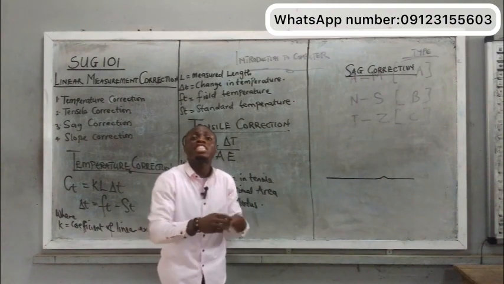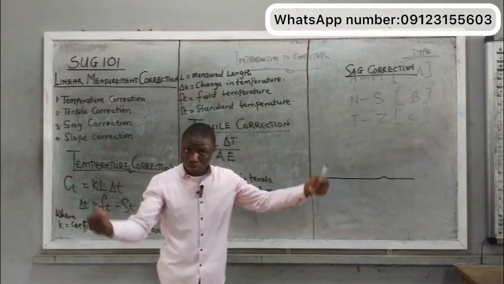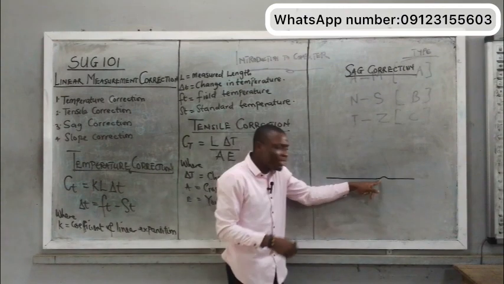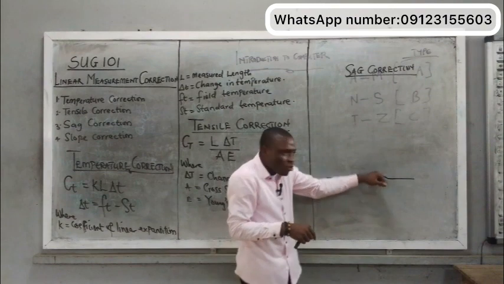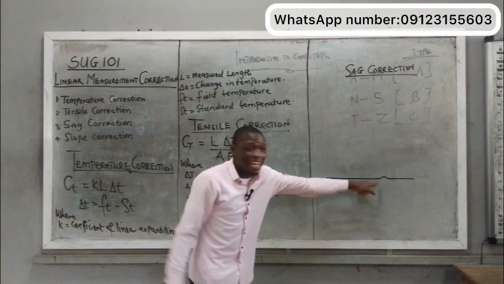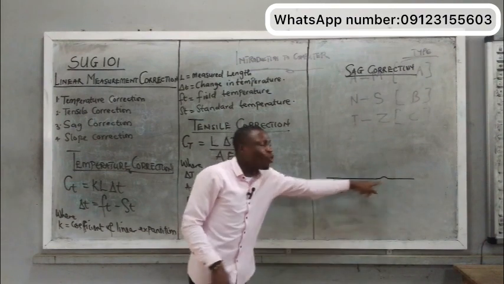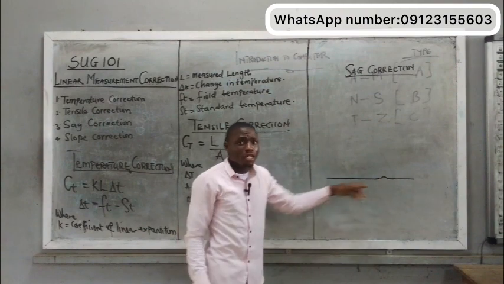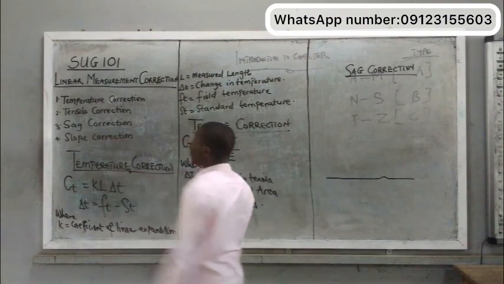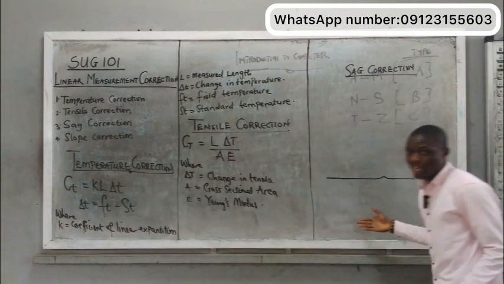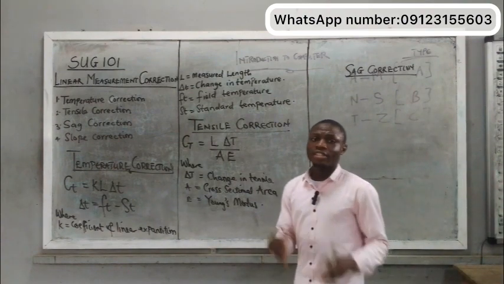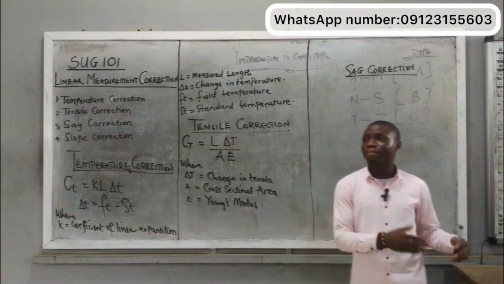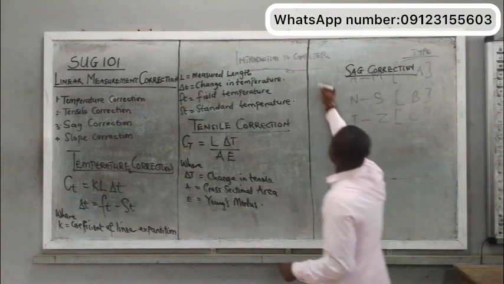Even if I use a thread tape, after stretching the tape, there will be a point where the tape goes up and down. This is called sag. So how do you correct this during linear measurement correction? Sag correction is represented by Cs.